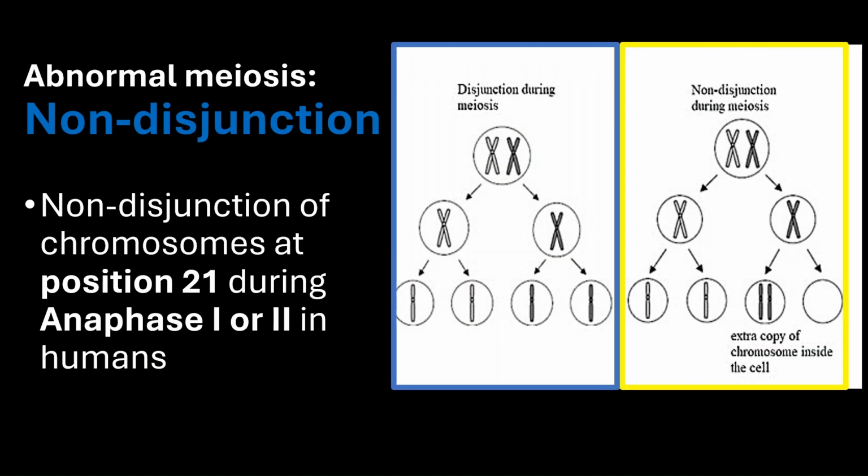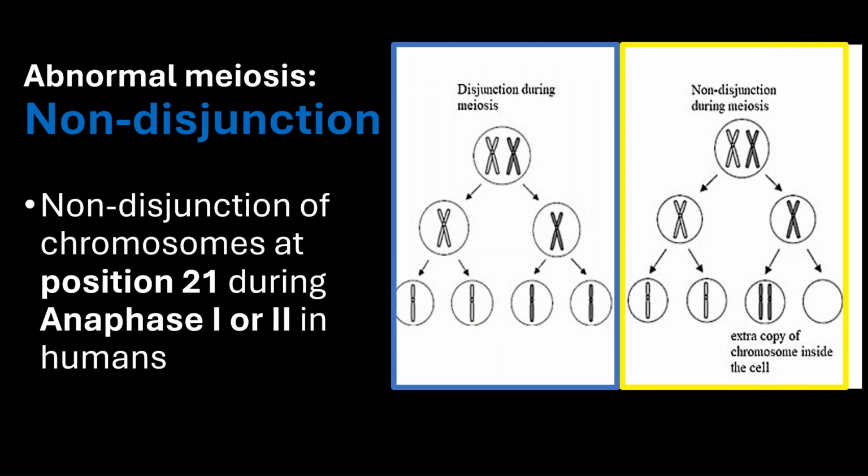It seems that instead of all four cells receiving one chromosome, one cell received nothing. The reason it did not receive anything is because the chromosome it should have received is actually in the other cell. So instead of the third cell receiving one chromosome, it received two.